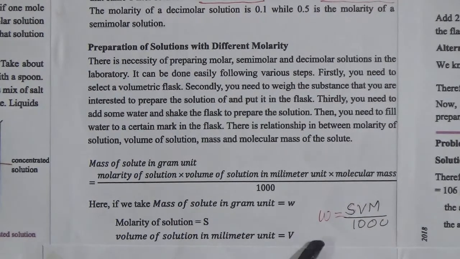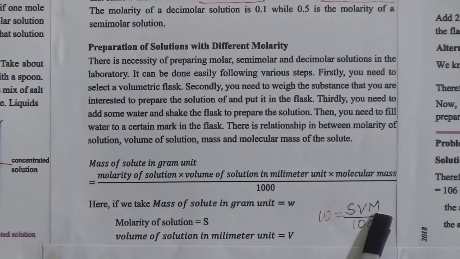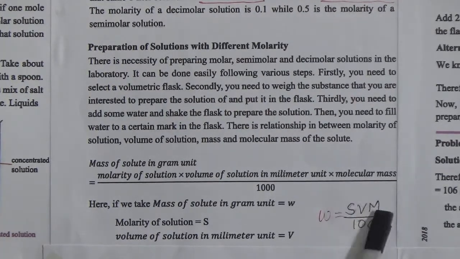Here I am saying again, W is equal to mass of solute in gram unit, S is equal to molarity, V is equal to volume of solution in milliliter unit, and M is equal to molecular mass of solute. We have to divide SVM by 1000, then we will get the value of W. And if we have any three of them, among these four, we can easily find out the next one.